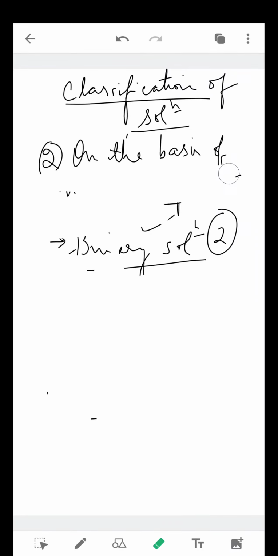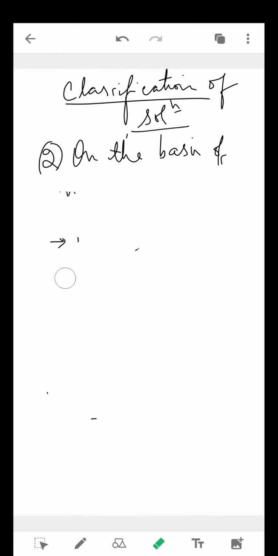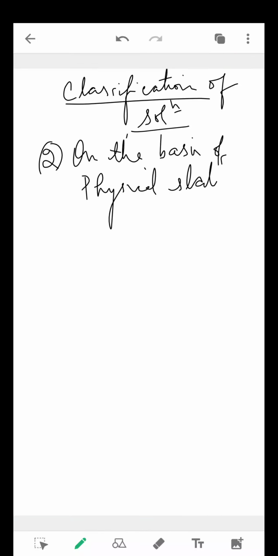After that, the third type of classification is on the basis of physical state of components. So what does this mean? On the basis of the physical state of components, the physical state in which the solution exists is determined by the state of the solvent.